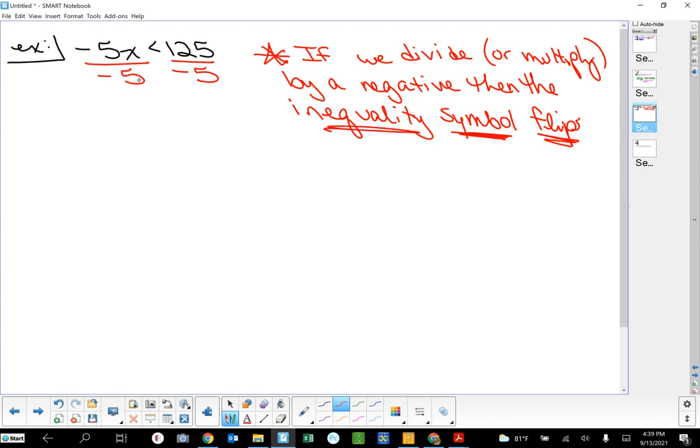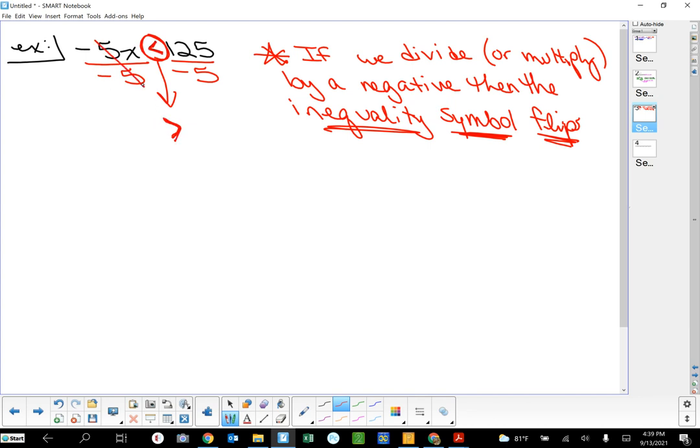So when you divide by a negative, this is going to flip around in the next step. I circle it and I write that it's going to drop and flip. So if it was pointing left, now it's going to point to the right. That's what I mean by flipping it. Here it's pointing left, here it's pointing right. It's going from a less than to a greater than.